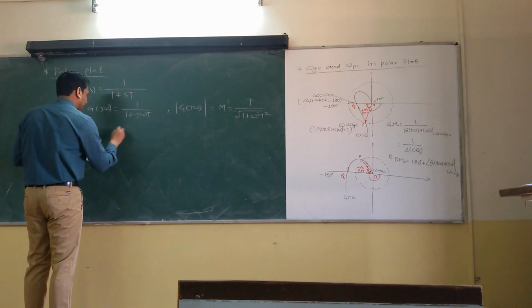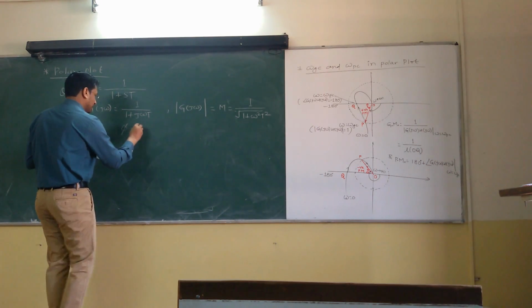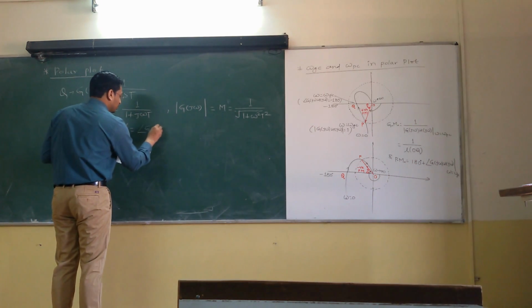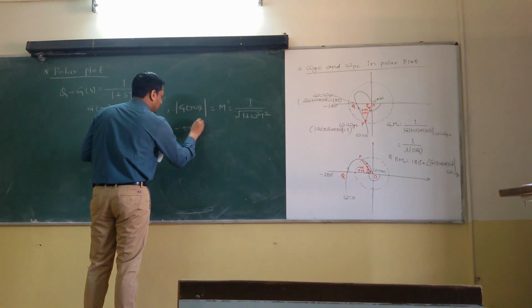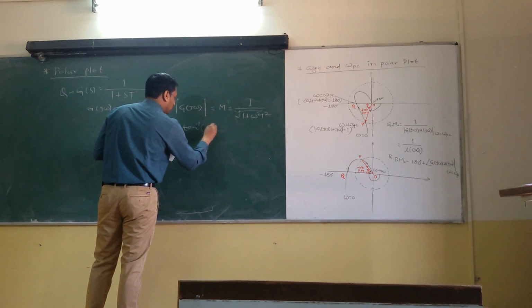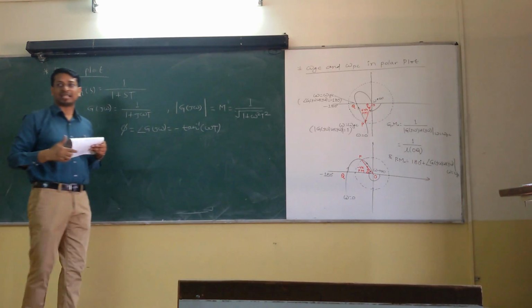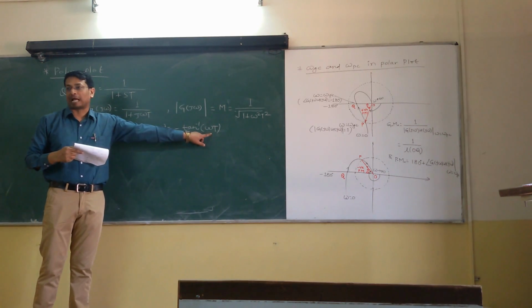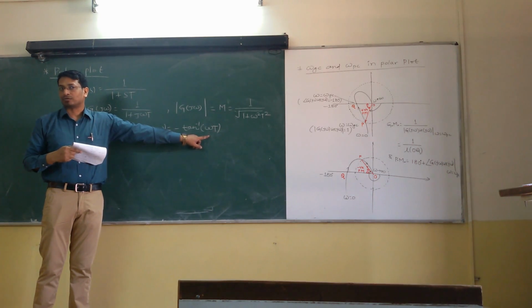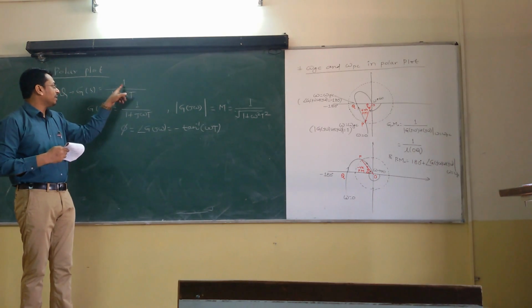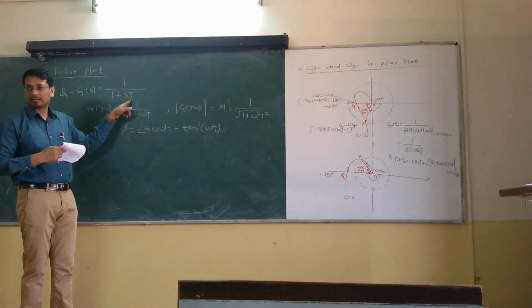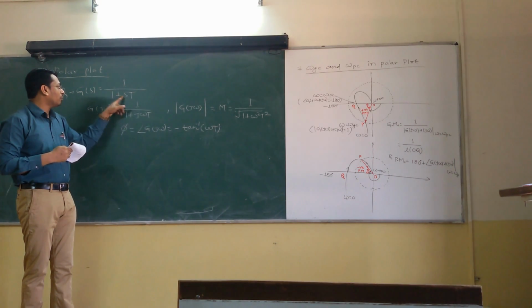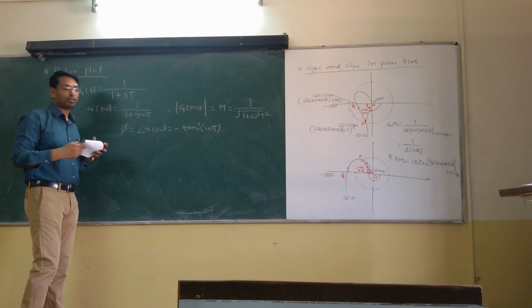And if you try to find angle phi, you will get minus tan inverse omega T. I have not assigned any value of capital T, rather I am taking T as a general time constant. You can have, rather than 1 upon 1 plus 2s, the value of T is 2, or just 1 upon 1 plus sT, the value of T is 1.